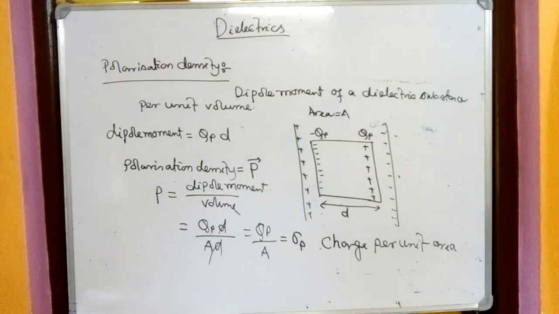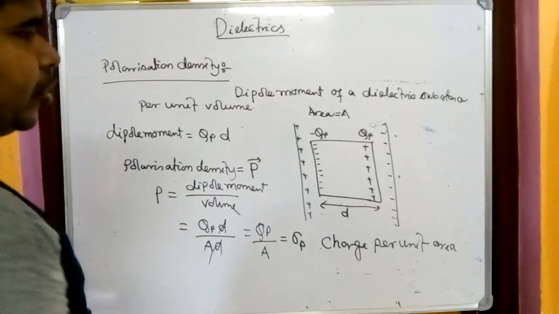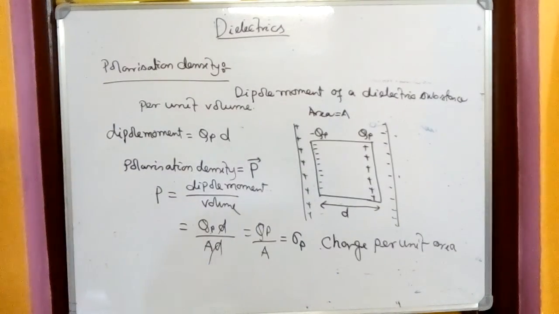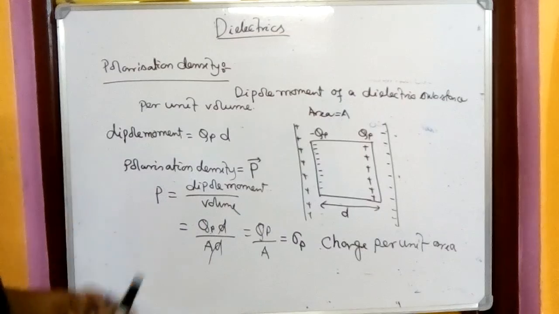Now another very important thing we can learn here is susceptibility, or dielectric susceptibility. It is also one kind of property of a dielectric substance by which we can understand how it can be polarized.